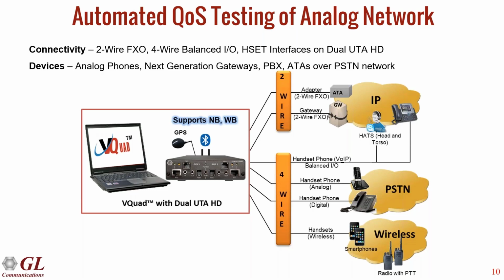So we can send up to 48,000 samples per second, or basically full audio bandwidth. And that's good for connecting to headsets, even connected to a wireless phone through the wired headset connection.